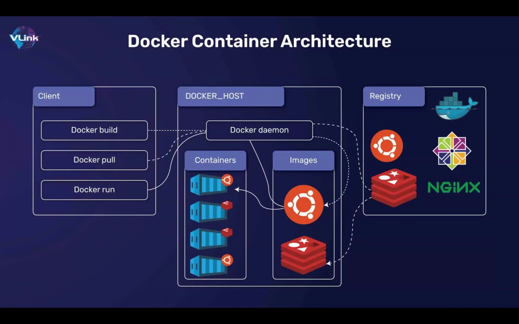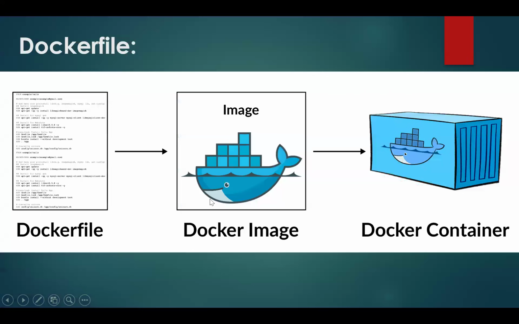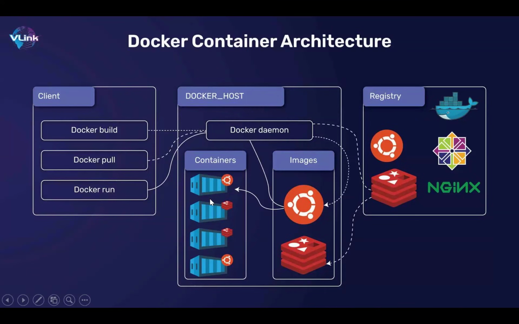If anyone runs the command docker run, what happens? Docker daemon will check locally whether you have the image, and only then will it convert it into the container. Suppose I type docker run nginx, and nginx is not present here. The Docker daemon checks the local images section: do you have nginx?